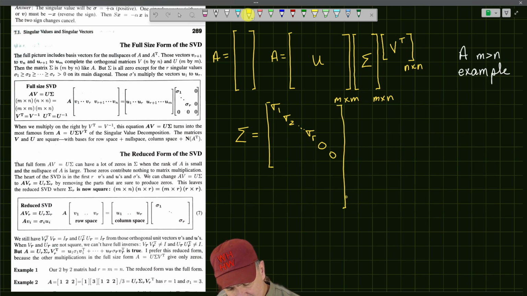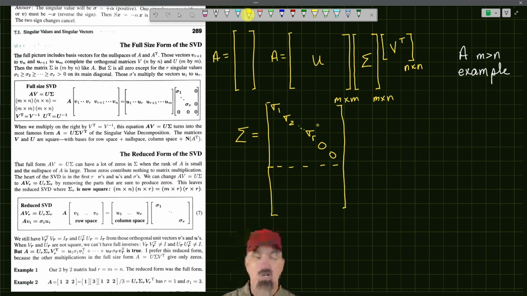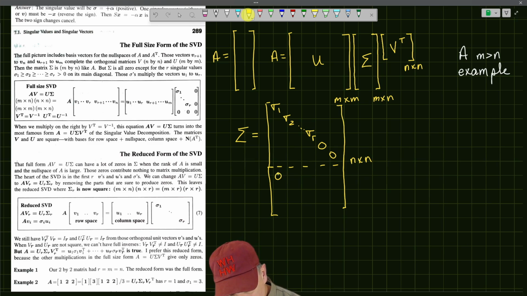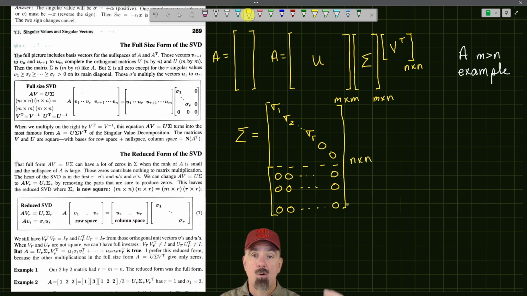For this tall, skinny matrix, the top part, the n by n portion of sigma, would be square and would have the non-zero singular values as well as the zero singular values. It has all the singular values. The stuff below it is just rows and rows of zeros, however many we need until we get all the way down to a full matrix, which is m by n in size.